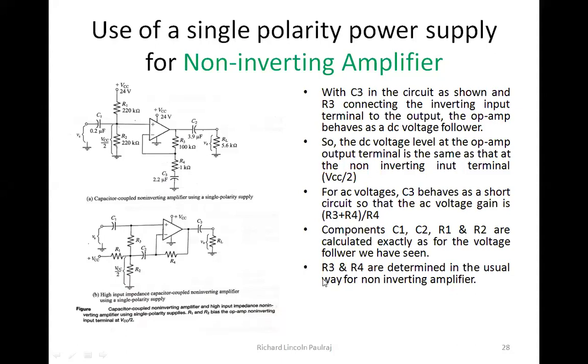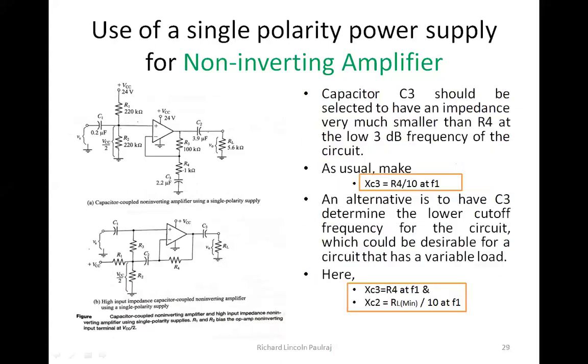And then we also saw an example as to how these are all designed, and we see that XC3 is equal to R4 by 10 at frequency 1. So this is going to be very minimal if I want to make it less. If not, the other case is, XC3 will be equal to R4, and I will be making XC2 very low.